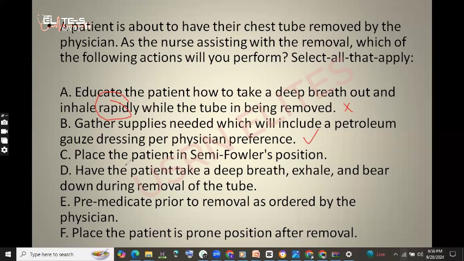If it should be high Fowler's and you have semi-Fowler's in this situation, do you think it's still wrong? Does it affect the patient severely? No. So should it be part of the answer or not? It should be part of the answer. Now the next one.